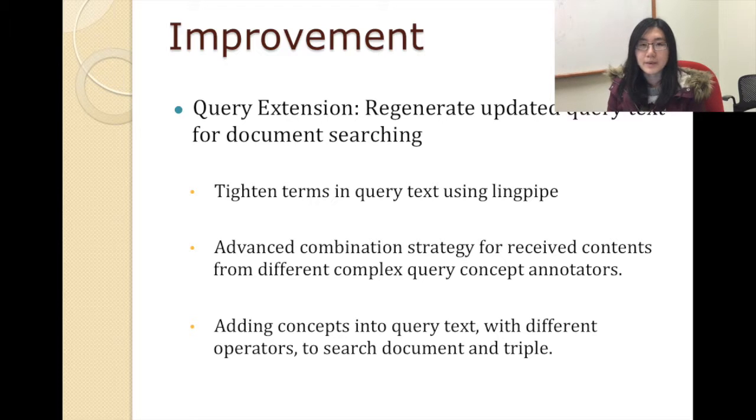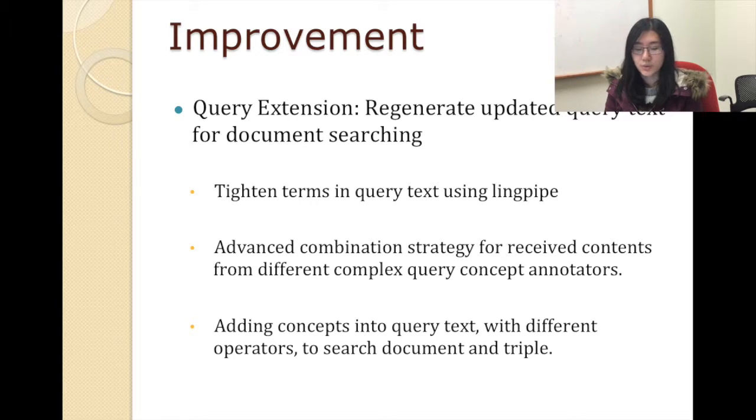And the second step is to use an advanced combination strategy for the received concept, document, and triple from different complex query concept annotators. The last step is to add the concept into the updated query text and then use it to search document and triple.